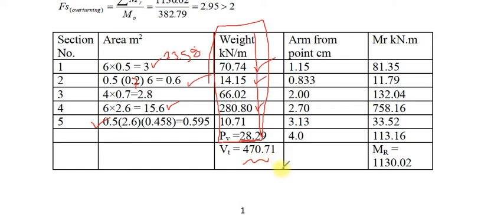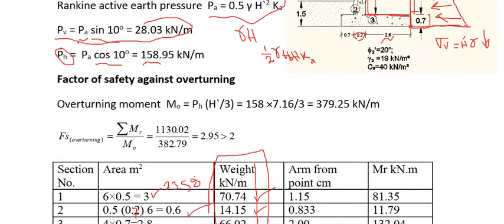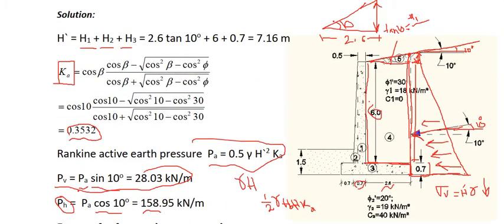Also, we need to compute the moment of every force acting on the retaining wall. Therefore, we have to determine the arm from the center of the area to the point of the moment. When we want to analyze overturning, we assume the retaining wall is subjected to the horizontal active force, which may make the structure overturn about this point.